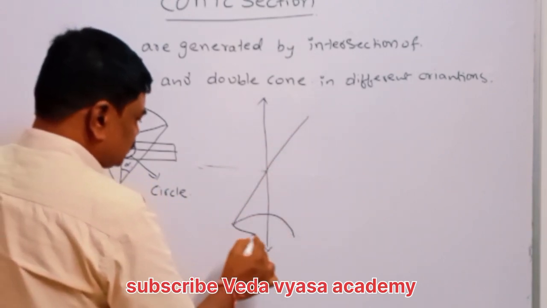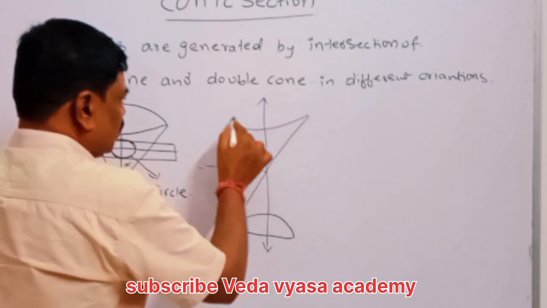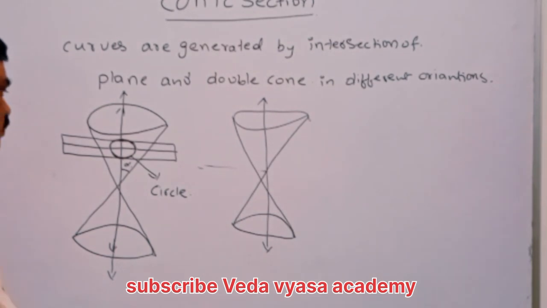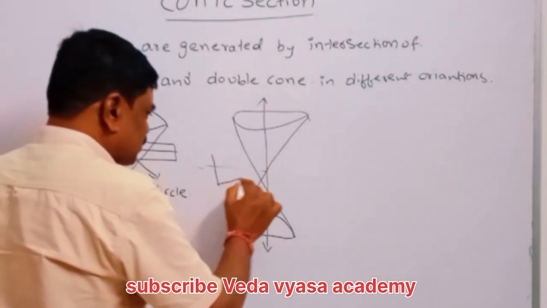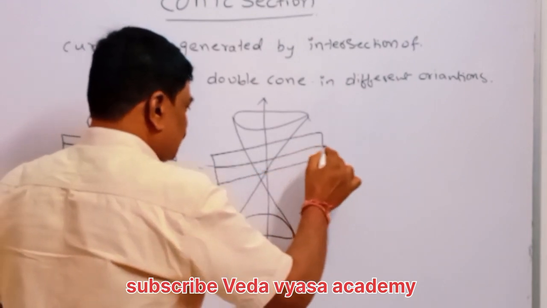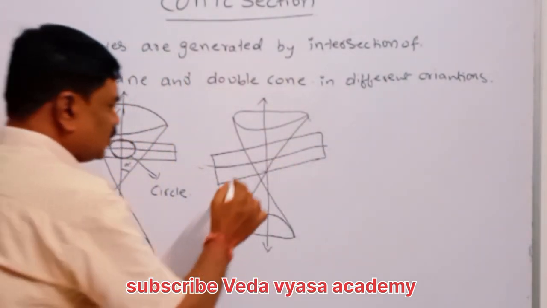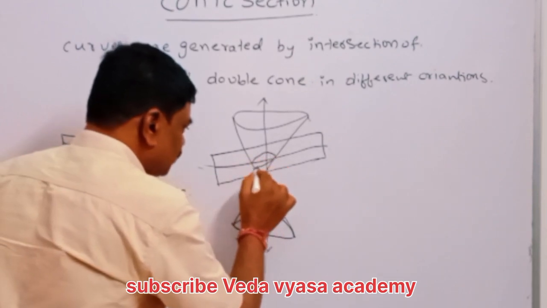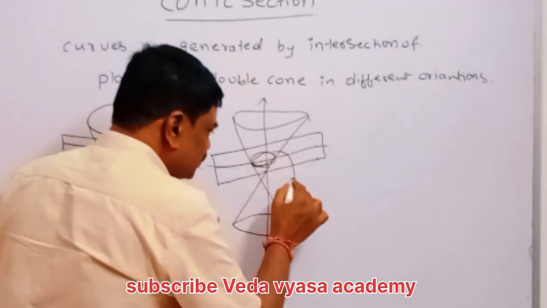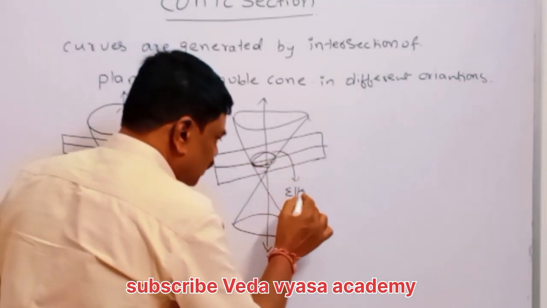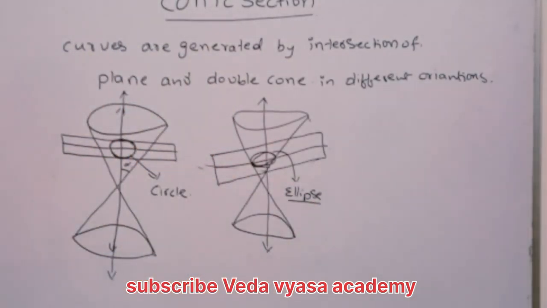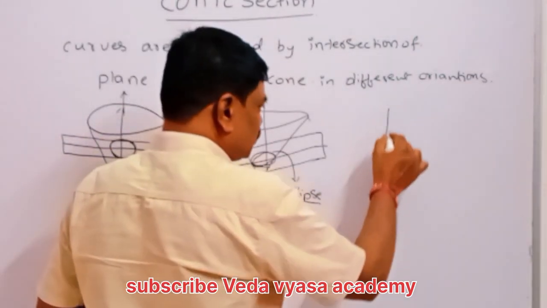Suppose the plane intersects like this, then one curve is formed like this. In this case, we say this is the ellipse. This curve is an ellipse.